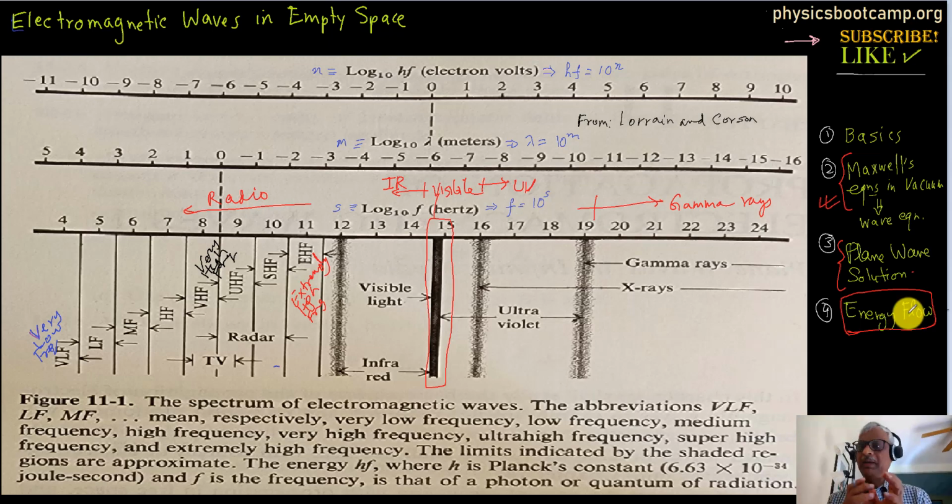This usually is a very high consideration: how energy actually flows. If the wave is moving, how much energy is passing per unit time? Suppose you have a collector somewhere where the waves are hitting, and the question is how much energy and how much momentum it's depositing on whatever the wave is going to hit and get absorbed.